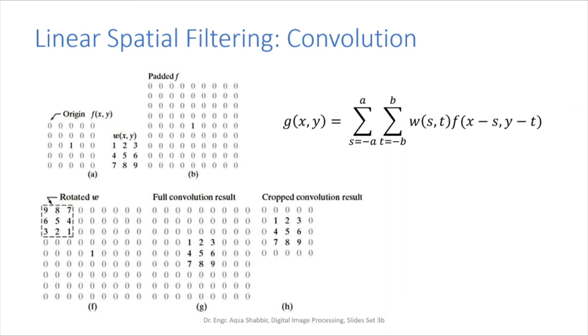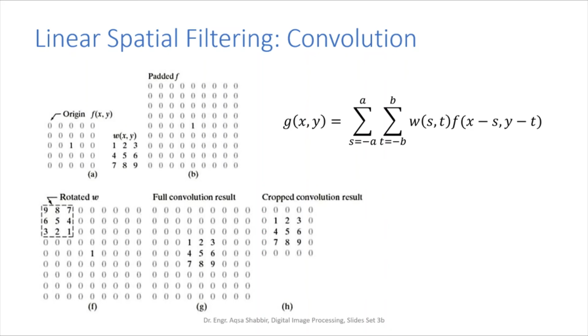Same as before, the concept of convolution is now extended to images. It can again be noted that the filter W is rotated by 180 degrees, and the rest of the procedure is the same as was followed in correlation. The filter W is slid across the image f(x, y).